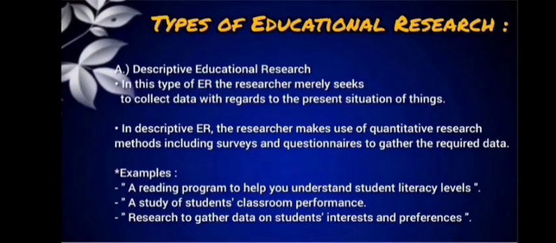Types of educational research. A. Descriptive educational research. In this type of educational research, the researcher merely seeks to collect data with regards to the present situation of things. In descriptive educational research, the researcher makes use of quantitative research methods including surveys and questionnaires to gather the required data.